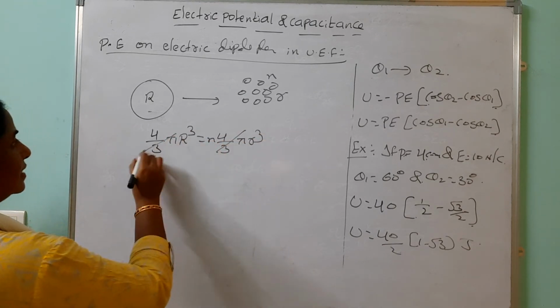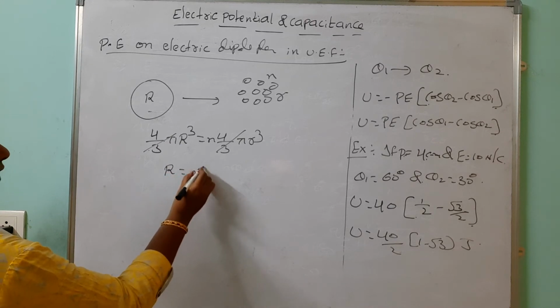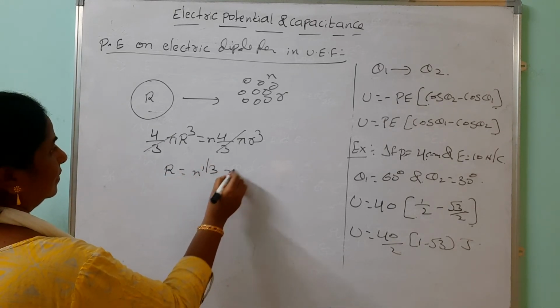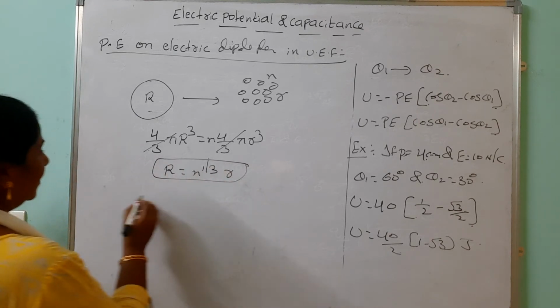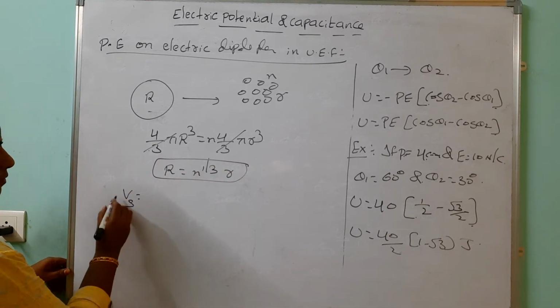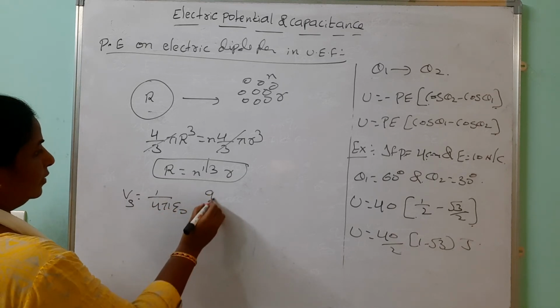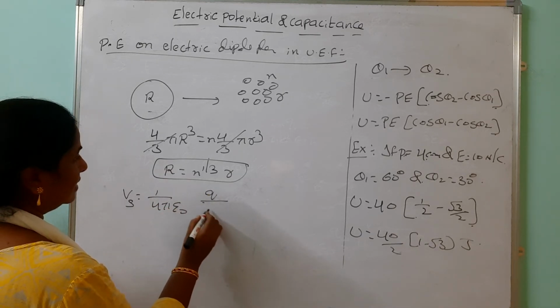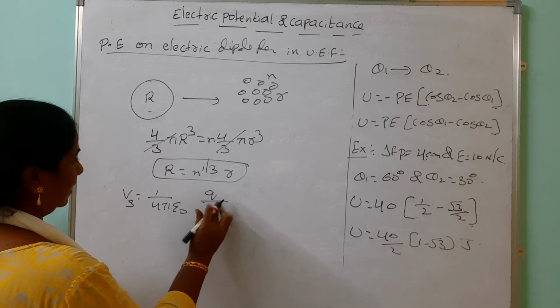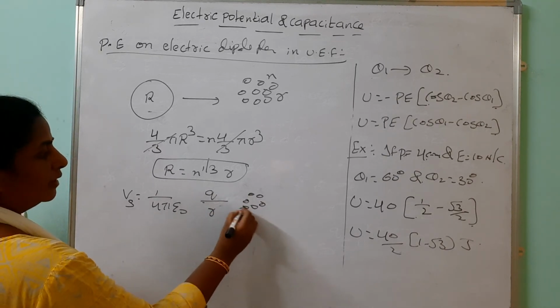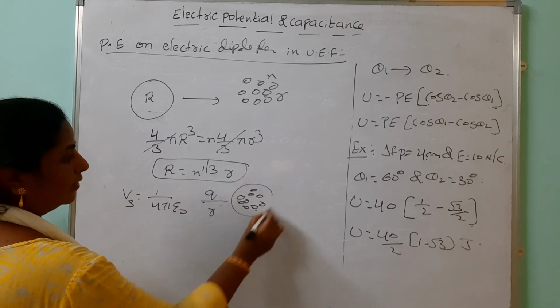These two are constant. R equals n to the power of 1 by 3 into r. This is the relation. Suppose this is the small drop, 1 by 4 pi epsilon naught q by radius r. Suppose n number of small drops combine and it will give the big drop.